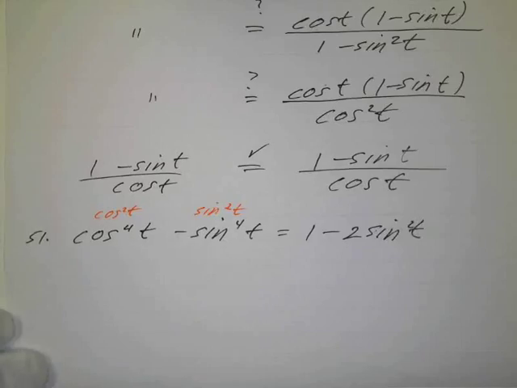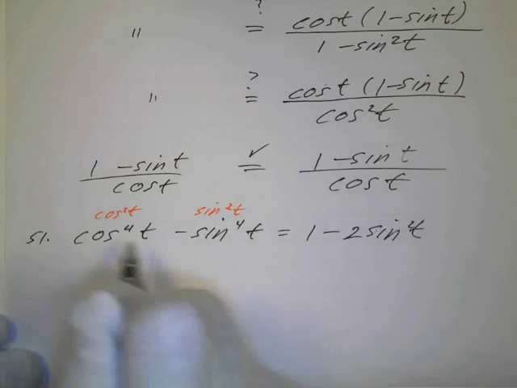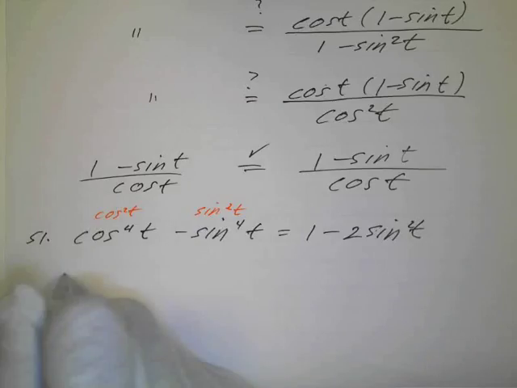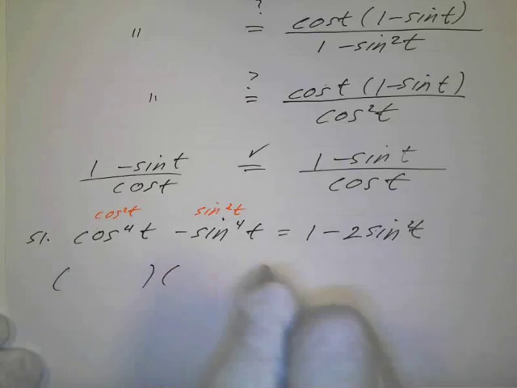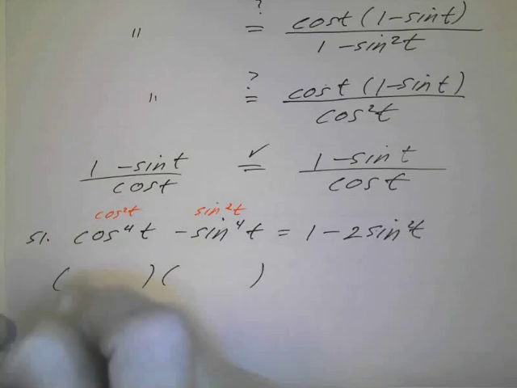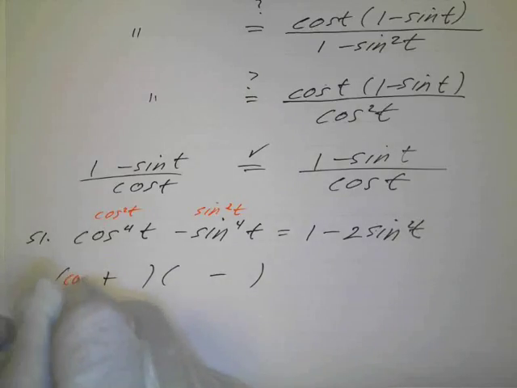So I know when I multiply these out, now this is nifty, so watch the way this works. This is pretty cool. This is going to be the sum and difference of these little numbers, right? That's the sum and difference of those little numbers. That's the difference of perfect squares.